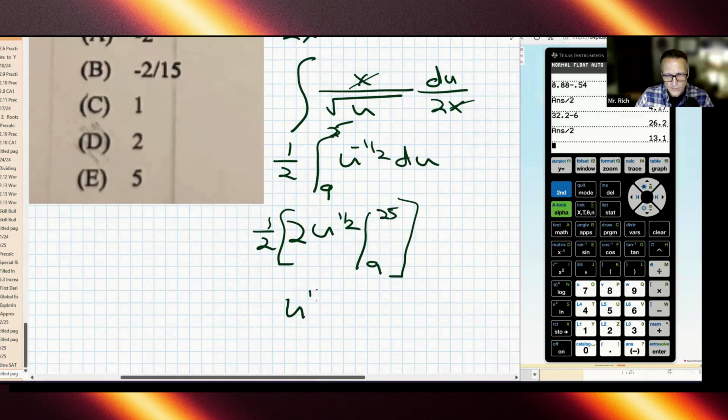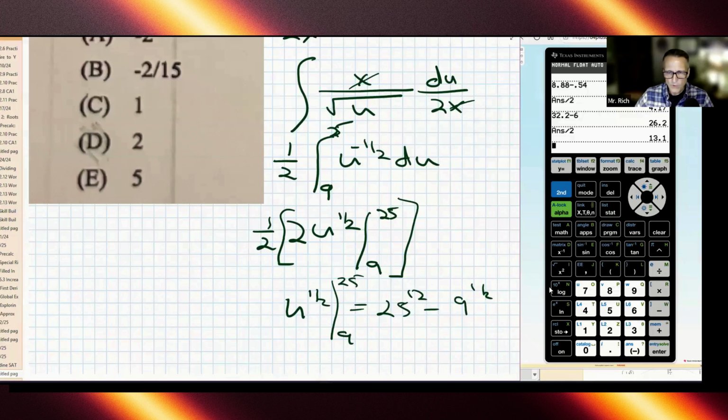So it really is just u to the 1/2, from 9 to 25. That's 25 to the 1/2 minus 9 to the 1/2. Raising a power to a 1/2 is a square root. That is 2.